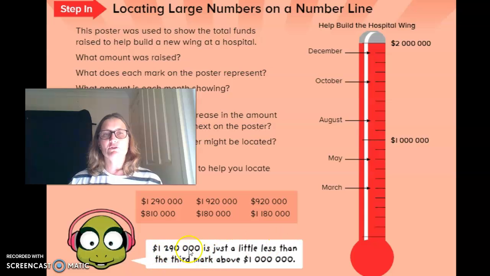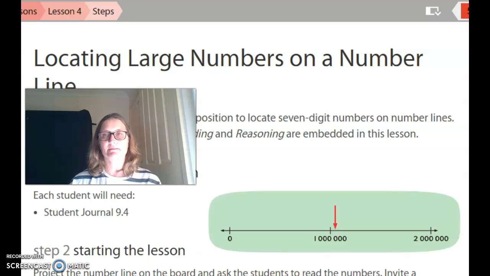So 1,290,000, 1 million, and there's 290,000. Well, it's going to be just under here, isn't it? So it's not going to be right on the 300,000 mark, but I know where my 300,000 mark is because I've worked out how much space is between each spot on the number line.